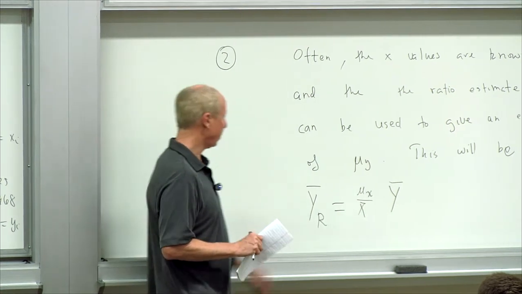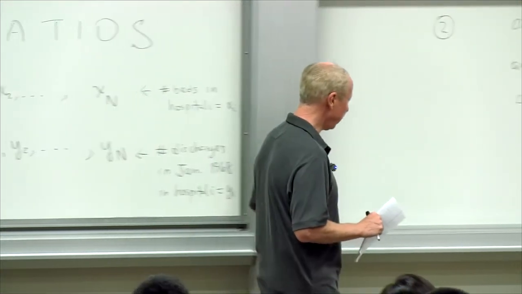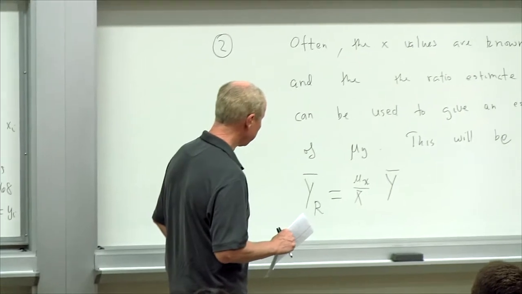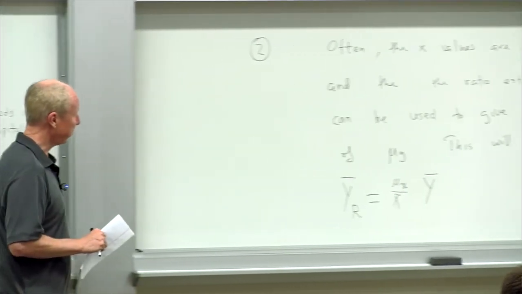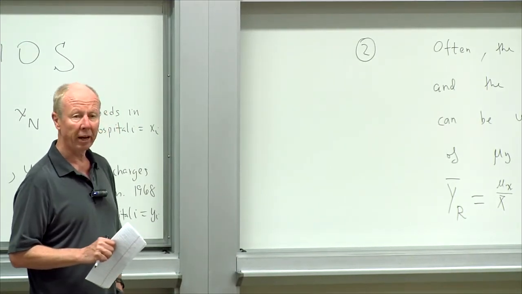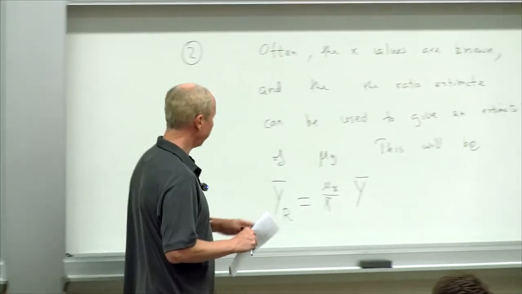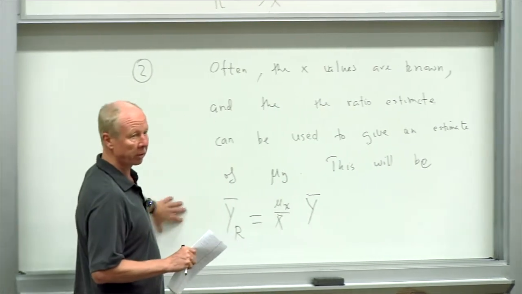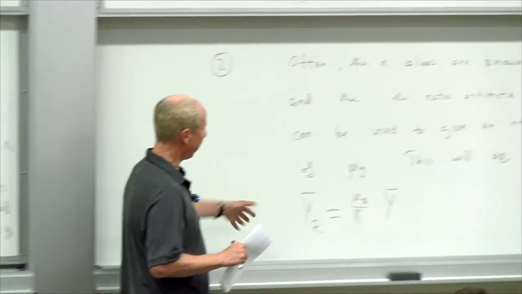So this estimate for the mean of the y values has some advantages in some situations. And not only that, the standard error for this estimate can be better than the standard error for just a simple estimate using y bar. So this has some nice features, this estimate for mu y.